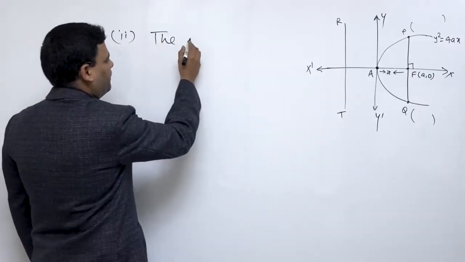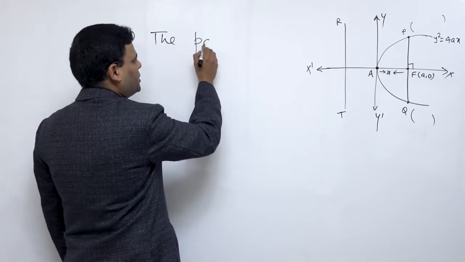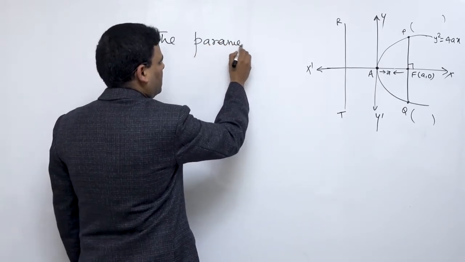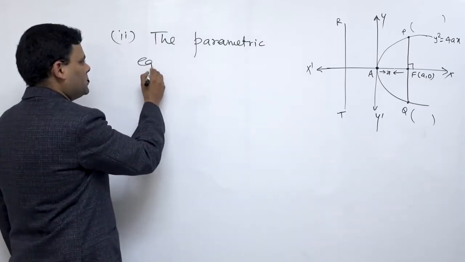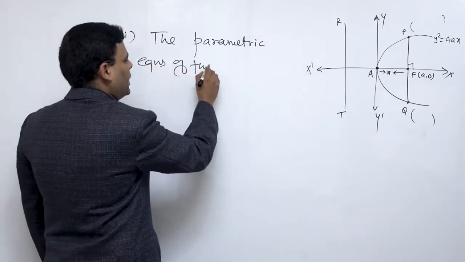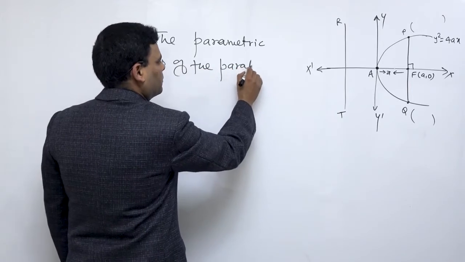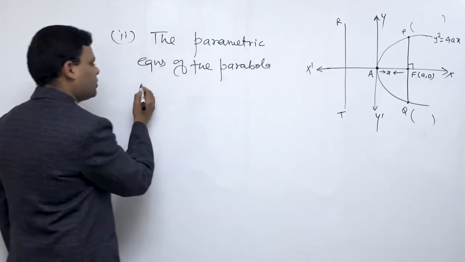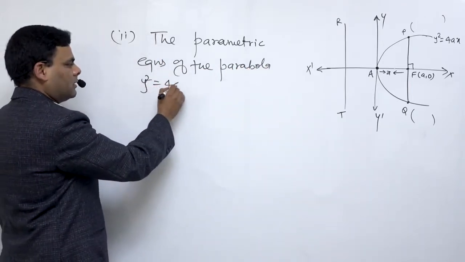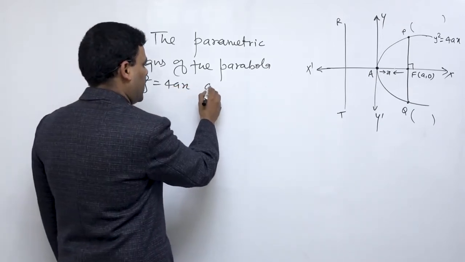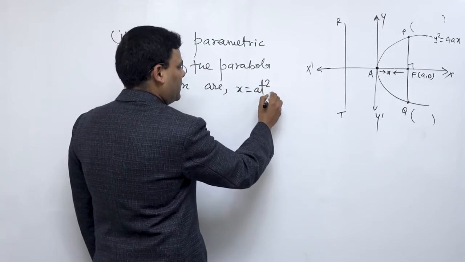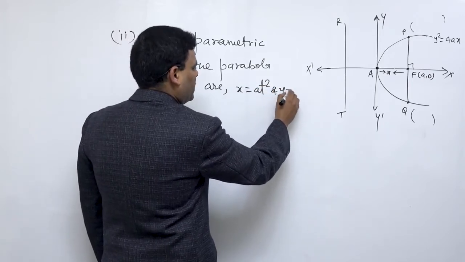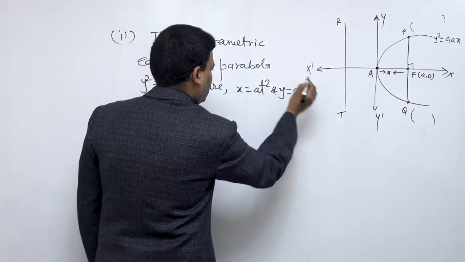The parametric equations of the parabola y square equals to 4ax are x equals to at square and y equals to 2at.